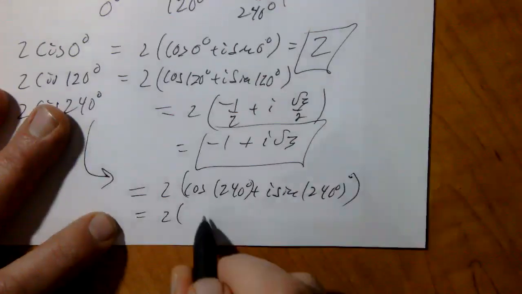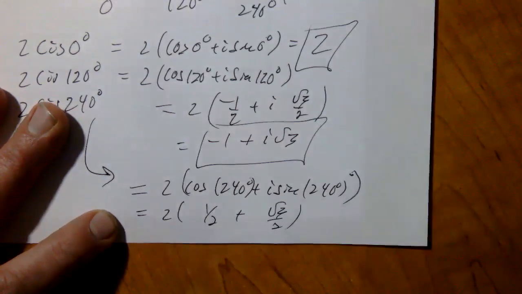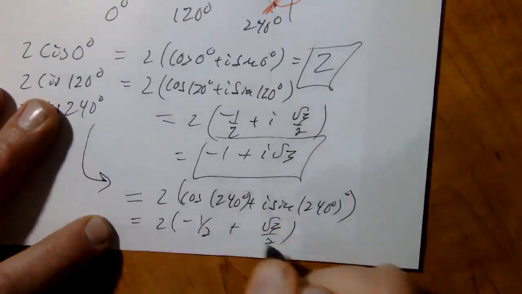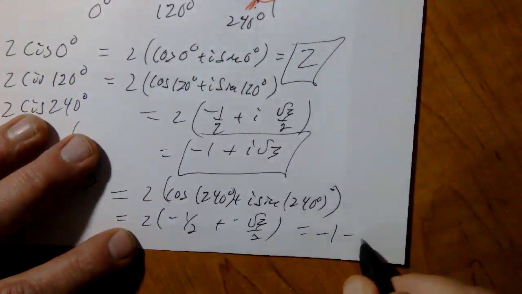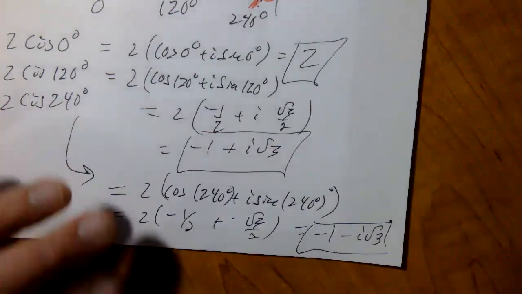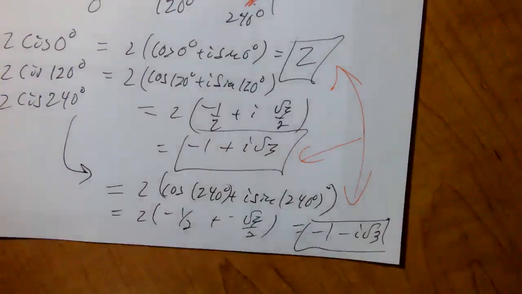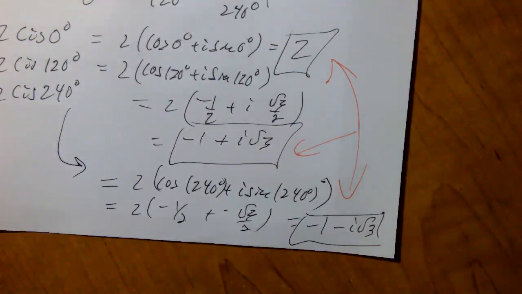It's still going to be 60 degrees, so this is still going to be a half, and this is still going to be root 3 over 2, right? The only difference now is you're in quadrant 3. So if you're in quadrant 3, it would go to the left and down. Or in other words, when you distribute the 2, you're now left with negative 1 minus i root 3, right? So these 3 would be your answers, right? So all 3 of these numbers would be cube roots of 8.